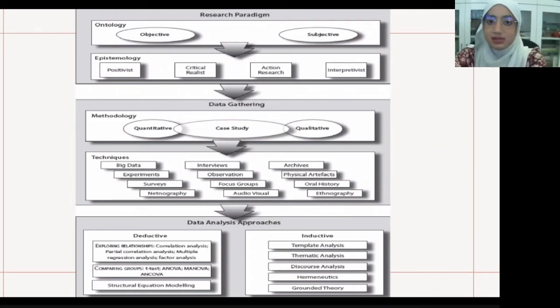We have discourse analysis, if you're studying language, we have hermeneutic analysis, we have grounded theory analysis, we have template analysis. So there's a lot of analysis which will be determined by, of course, your research question, but of course also from your paradigms. Okay, so that is why you have to be very clear from where you are coming from in terms of qualitative methodology. So it's not just talking about methodology, it is higher above.